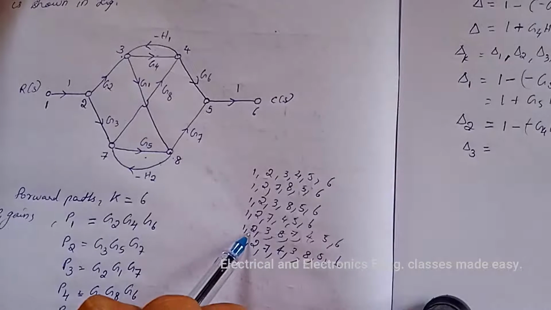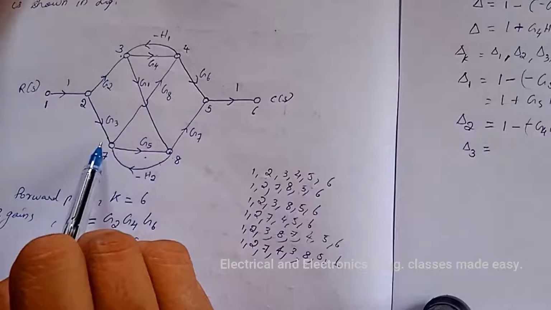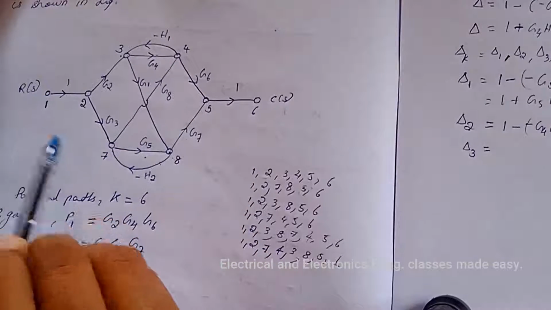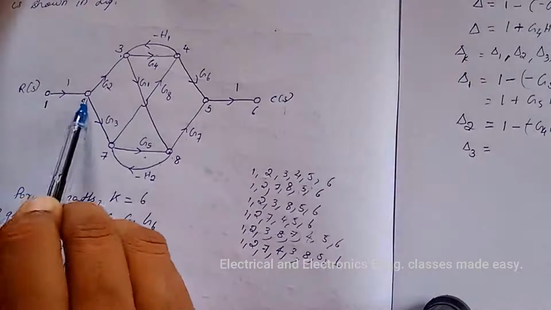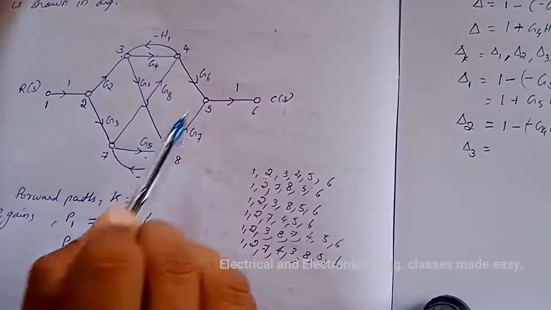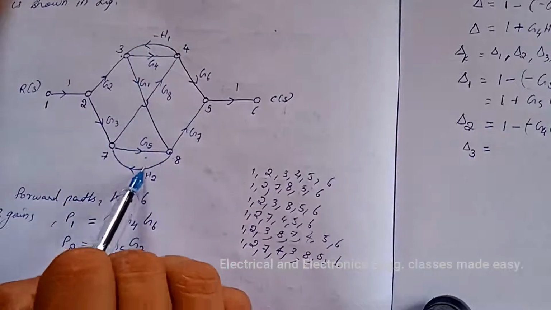Then for the fifth forward path 1, 2, 3, 8, 7, 4, 5, 6 and also for the sixth forward path 1, 2, 7, 4, 3, 8, 5, 6, in these cases all the loops are touching.